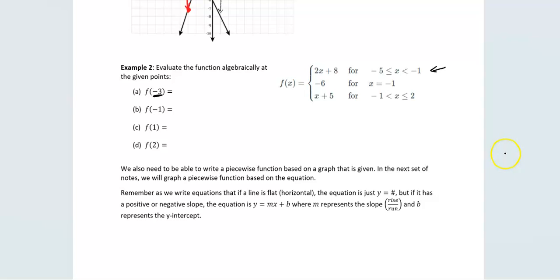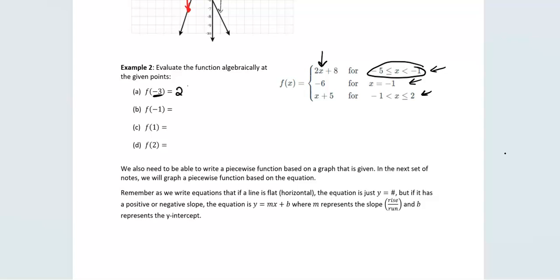So we need to look here, here, and here and see, where does -3 fall? Well, -3 is not between -1 and 2. -3 is not equal to -1. It's in between -5 and -1. That means we're plugging it into that part of the equation, that piece.